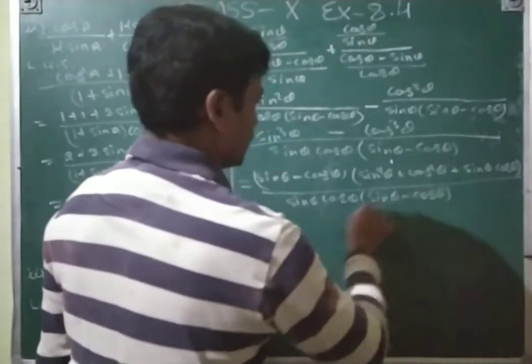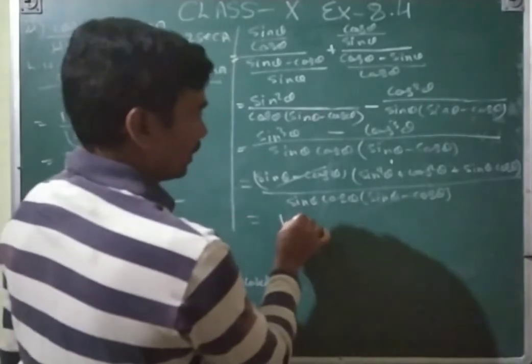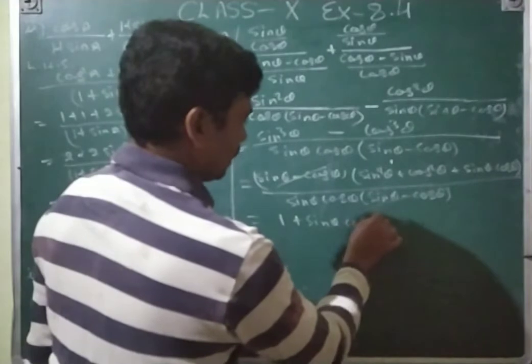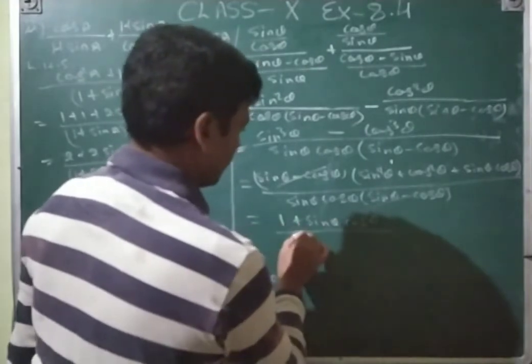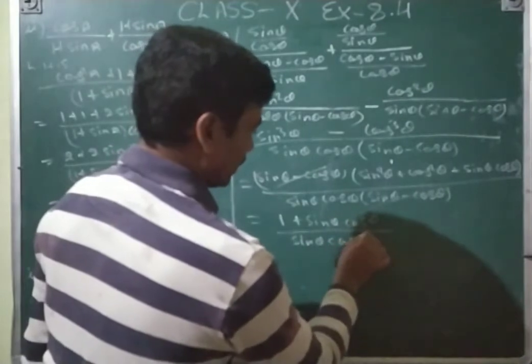So this bracket has cancelled by this bracket. Sin square plus cos square is equal to 1, plus sin theta cos theta upon sin theta cos theta.